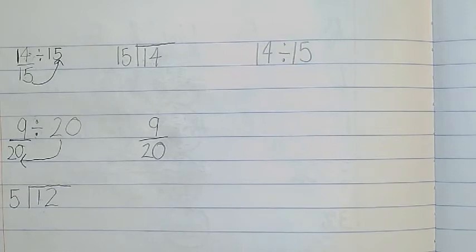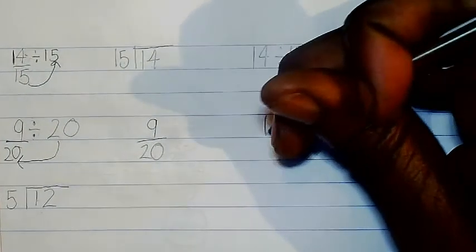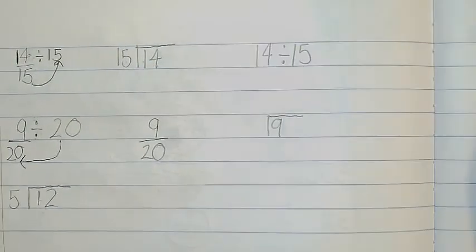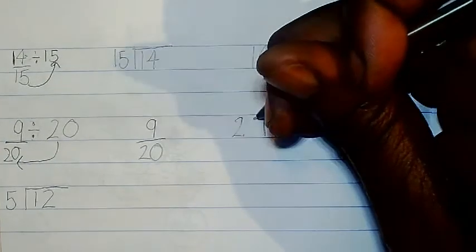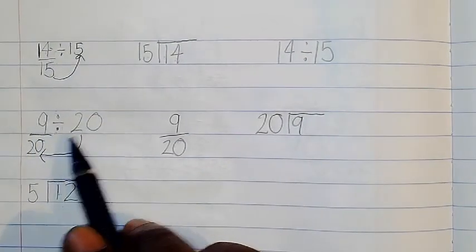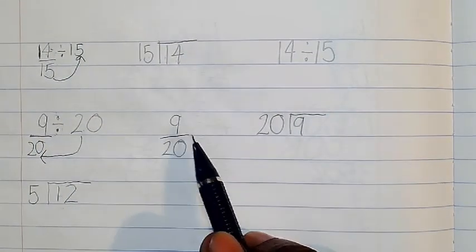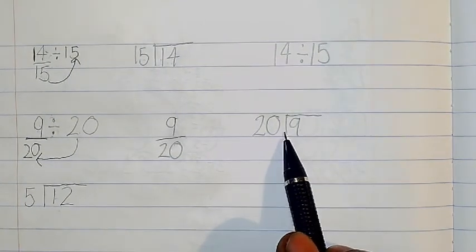And if I wanted to use the division house, top value inside, bottom value outside. So all three of these represent the same division problem: 9 divided by 20.